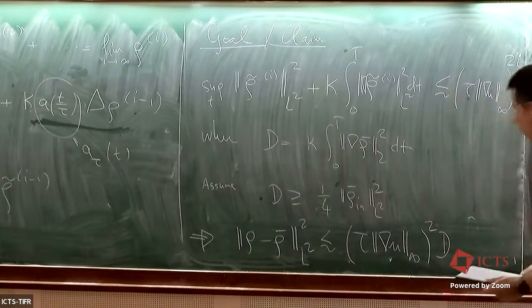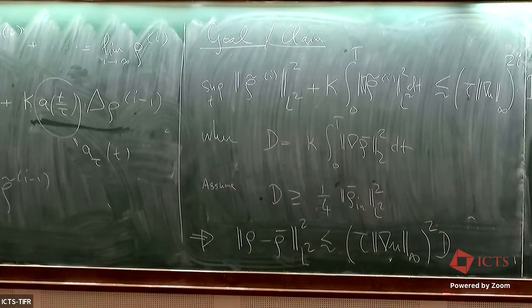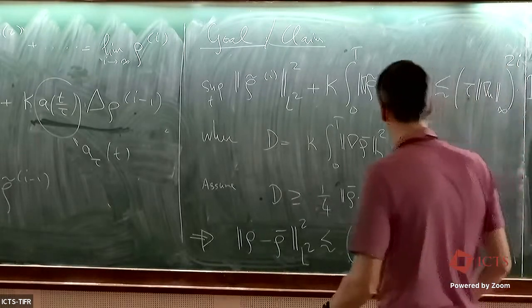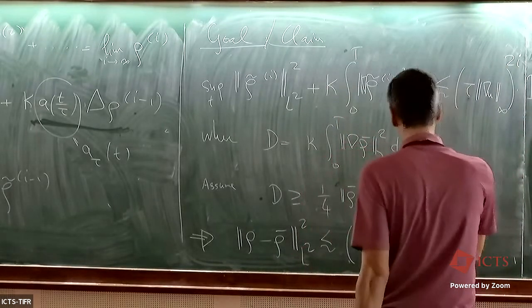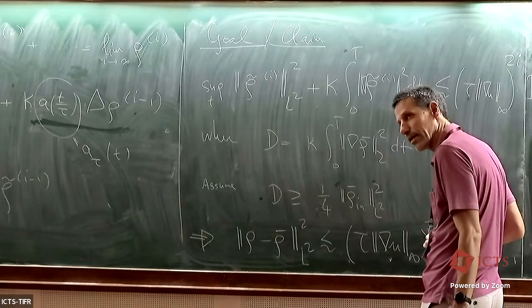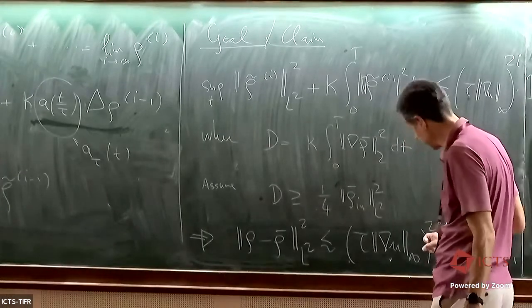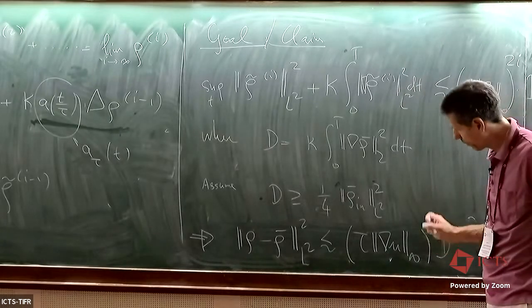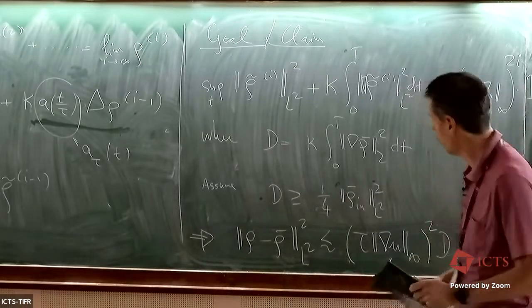This is going to be enough for the rest of the iteration. So just to compare, I think Armstrong and Vicol have a power 1. That's, if I remember correctly, the difference in this part of them.